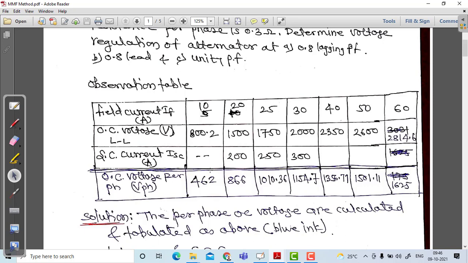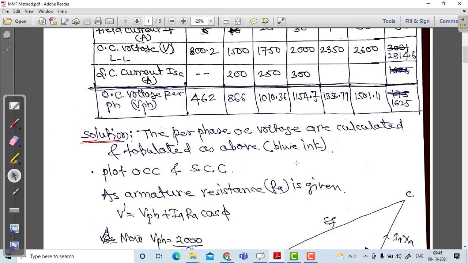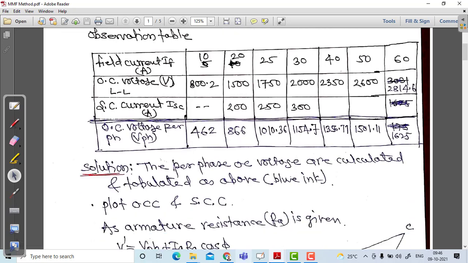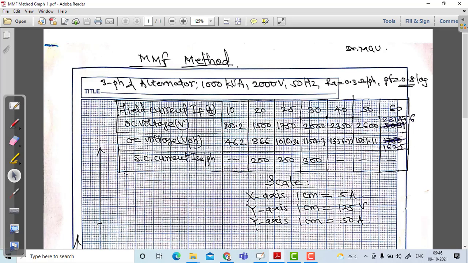Okay, the solution. The per phase voltages are calculated and tabulated in the last row as shown in the figure. Now from this available data, we have to plot the OCC and SCC. Take the proper scale and draw the graph. Now see here, everything is taken over here, the observations: the field current, then the open circuit voltage per phase, then the open circuit line voltage, then the short circuit current.